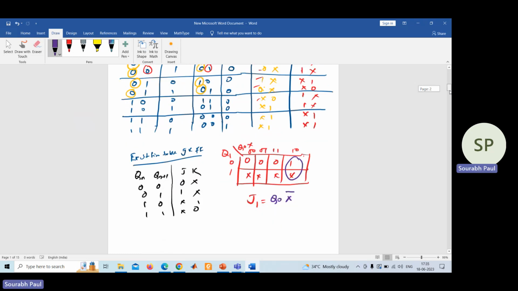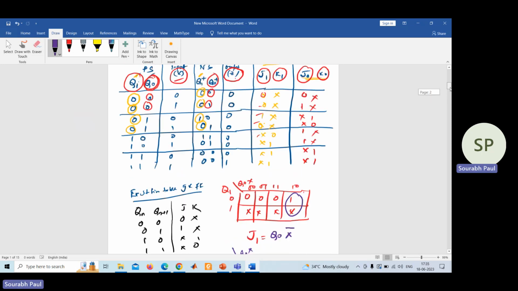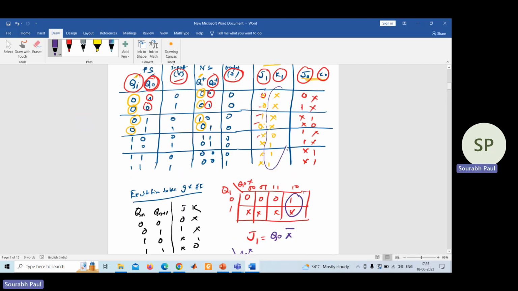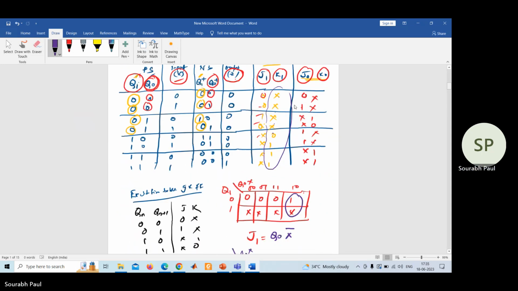Likewise, we can do the same thing for K1, with Q1, Q0, X. So see the K1 column. These are the values: X, X, X, X, meaning don't care, don't care, don't care, don't care. Then you have 0, 1, 1, 1.